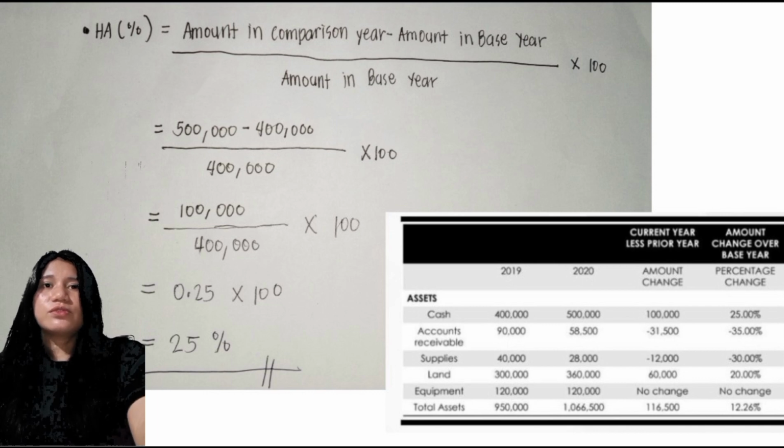So 500,000 minus 400,000 is equal to 100,000 over 400,000 times 100. So 100,000 over 400,000 is equal to 0.25 times 100. So 0.25 times 100 is equal to 25%. That is the percentage change of Ria Genetics Merchandising Company's cash.